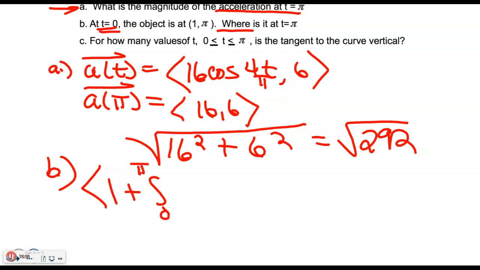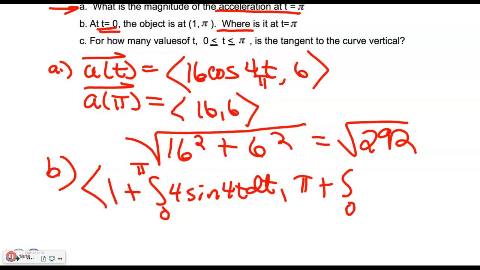Then I need to antiderivate the x-coordinate, which would be 4 sine 4t dt. And then it says it was at pi for this y star, plus you have to antiderivate 0 to pi.